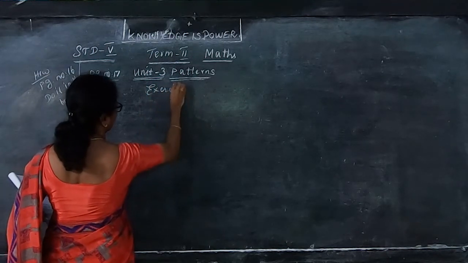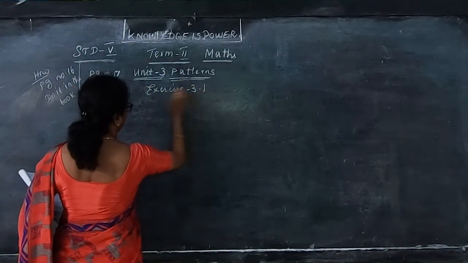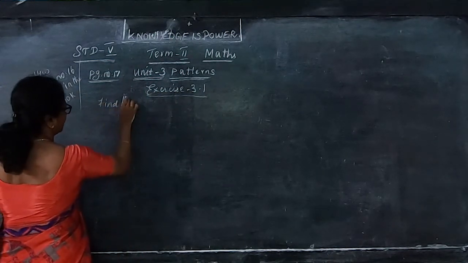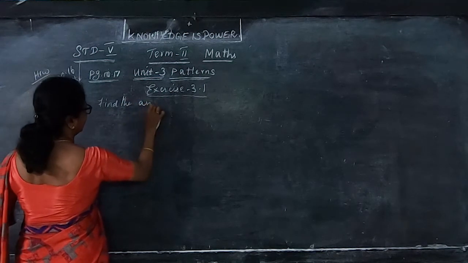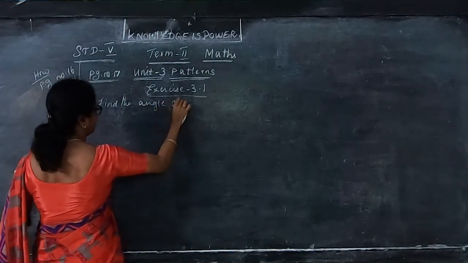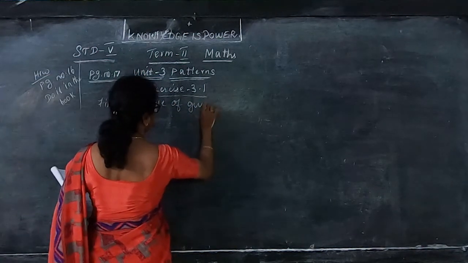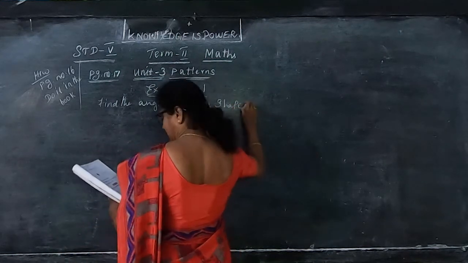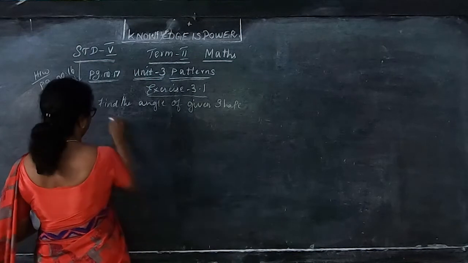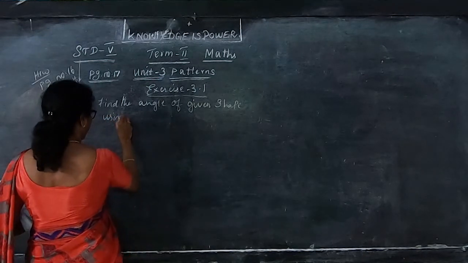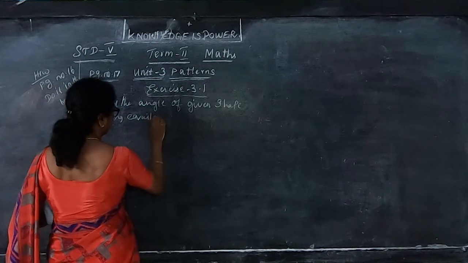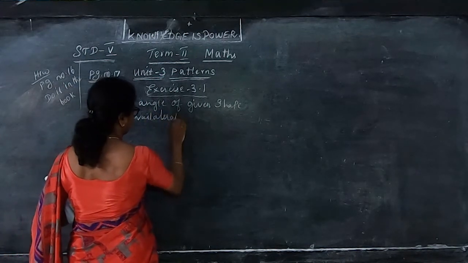Exercise 3.1. Find the angle of the given shape using the equilateral triangle.